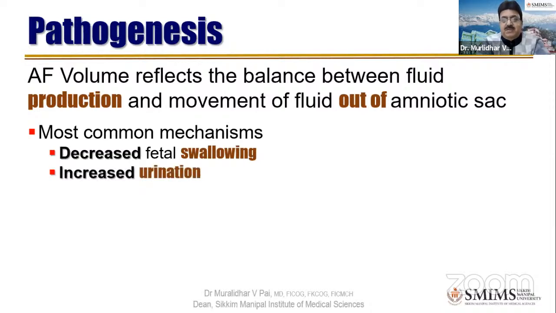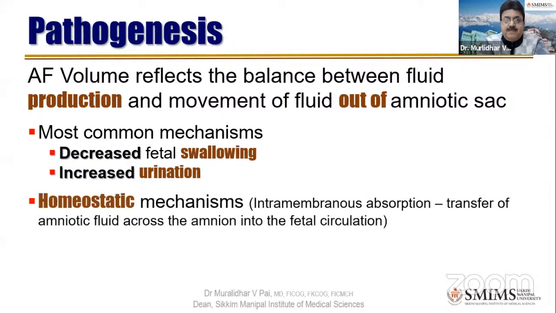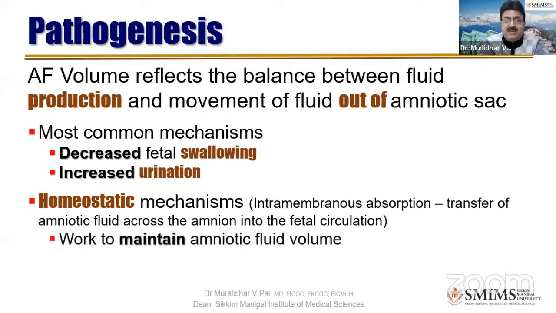if there's a decreased swallowing, obviously the liquor will be more. Increased urination. One is decreased swallowing, other one is increased urination for whatever reason, again due to hormonal changes in the baby or other reasons, then there will be increased liquor. The homeostatic mechanisms, that is intramembranous absorption, transfer of amniotic fluid across the amnion into the fetal circulation bag.